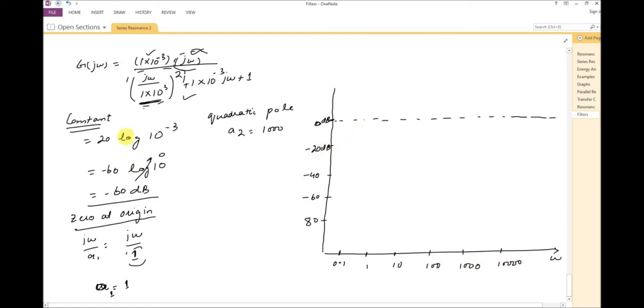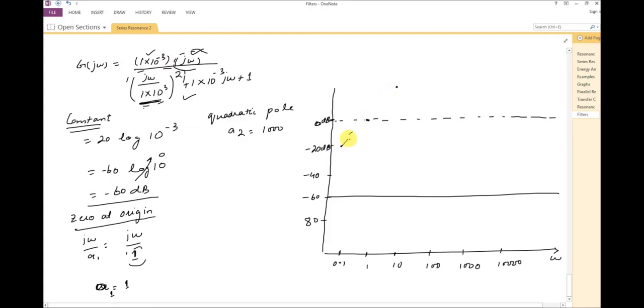So now for the constant value, it will be a constant value minus 60 dB. So this is your minus 60 dB for all the values of frequency. For zero at origin, it will cross the 0 dB line at 1. So the 1 value is this point, and before and after it has a slope of plus 20 dB, right?